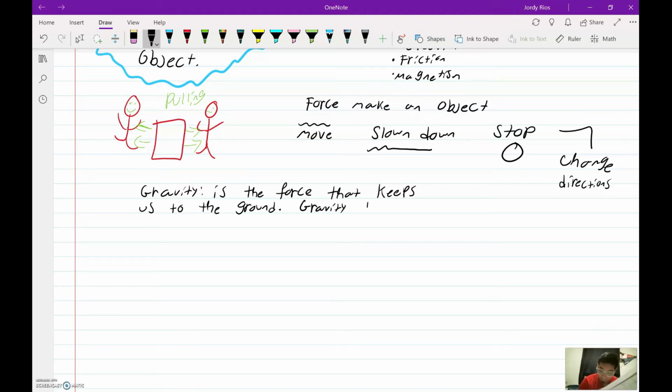Gravity pulls, that is super important, pulls us to the ground.